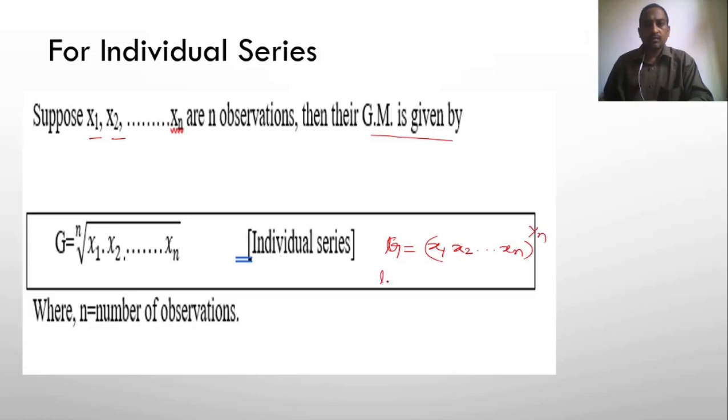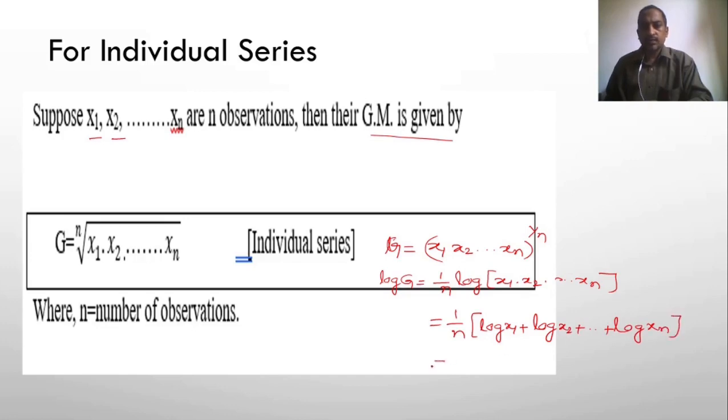You take the log on both sides. So log G equals 1 by n log of x1 x2 ... xn, this is the product. Simplifying, log ab is nothing but log a plus log b, so log x1 plus log x2 plus so on plus log xn.